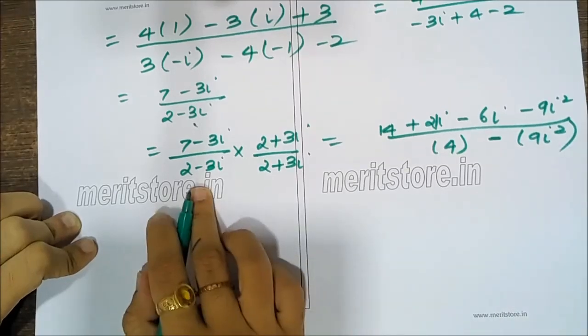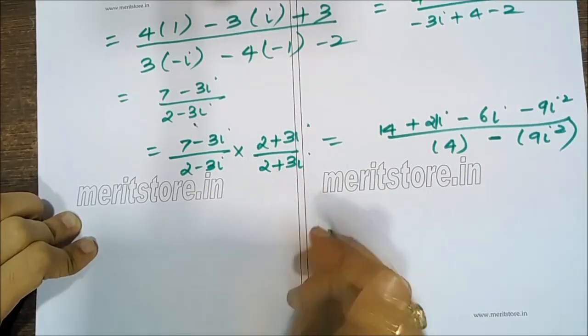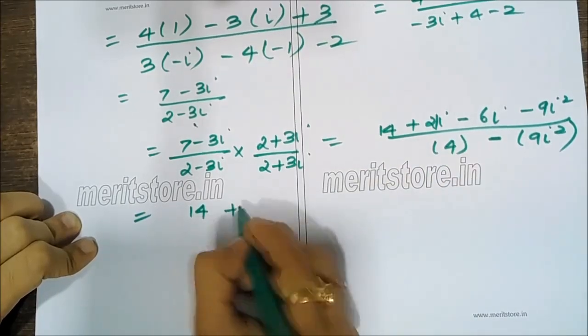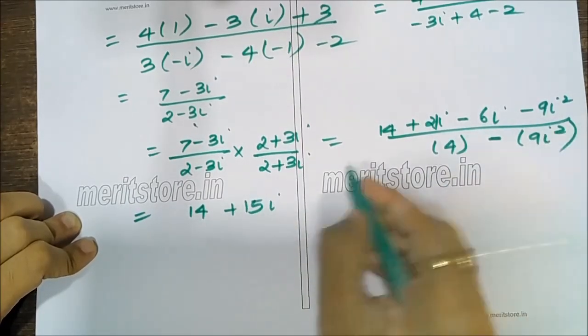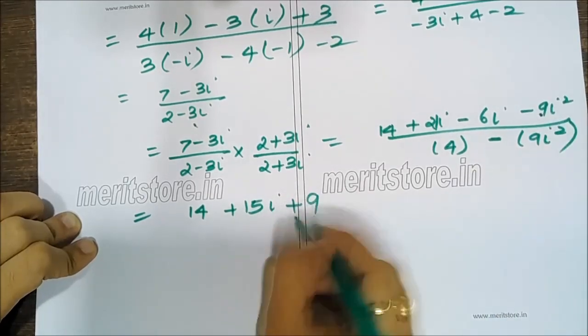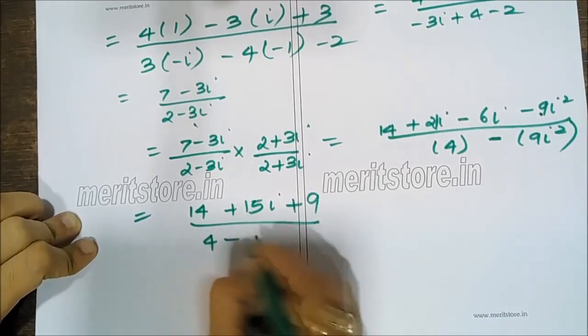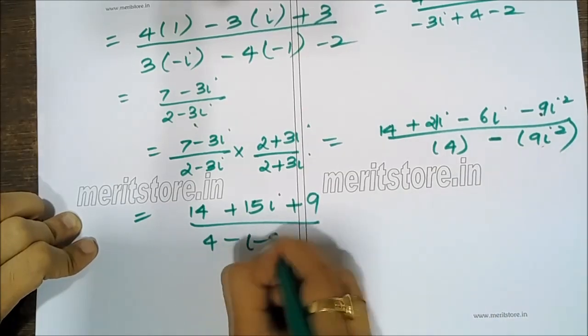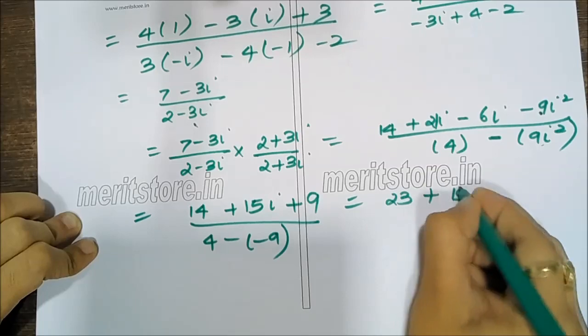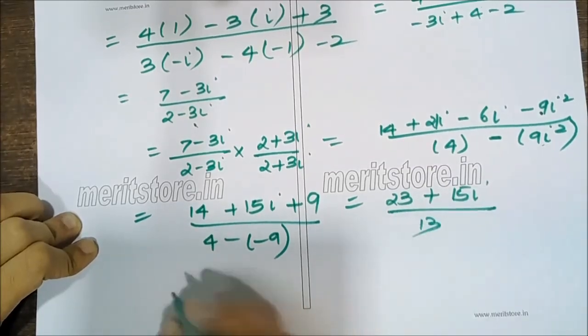I have opened the bracket, a minus b, a plus b. So 14 plus 15i, minus minus plus because i square is minus 1, upon 4 minus i square, which is minus 1 again. Here you get 23 plus 15i upon 13.